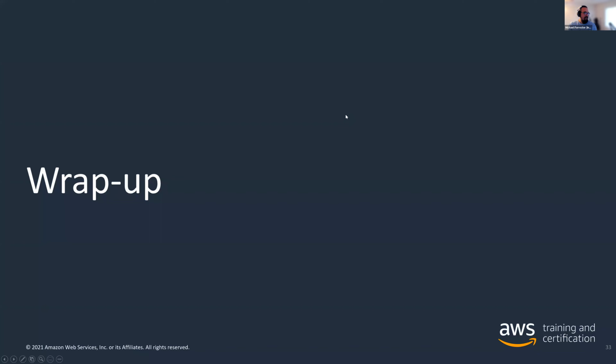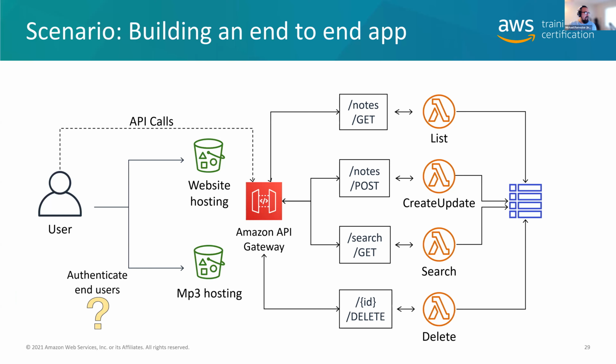All right. So let's talk about a scenario here for a second. In our scenario, notice that we have website hosting, we have an API gateway. You may remember that API gateways can authenticate with Cognito.